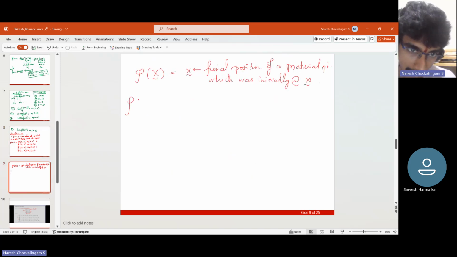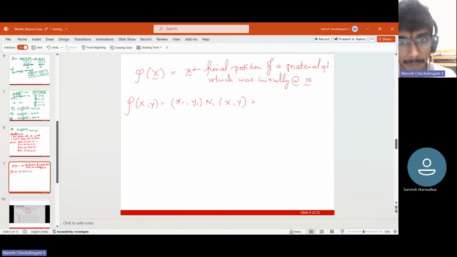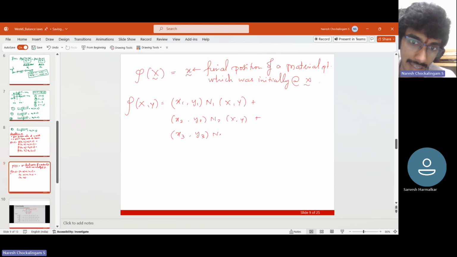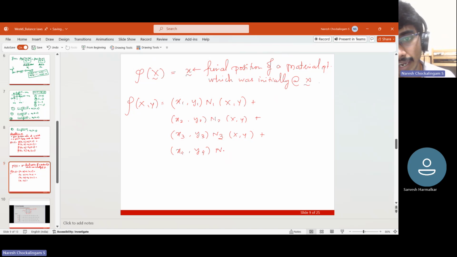Therefore, the deformation function is given as small x1 comma y1 multiplied with n1 of x comma y plus small x2 comma y2 multiplied with n2 of x comma y plus small x3 comma y3 multiplied with n3 of x comma y plus small x4 comma y4 multiplied with n4 of x comma y. n1, n2, n3, n4 we already know.